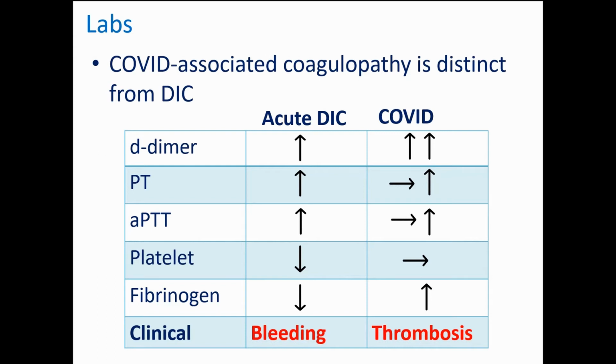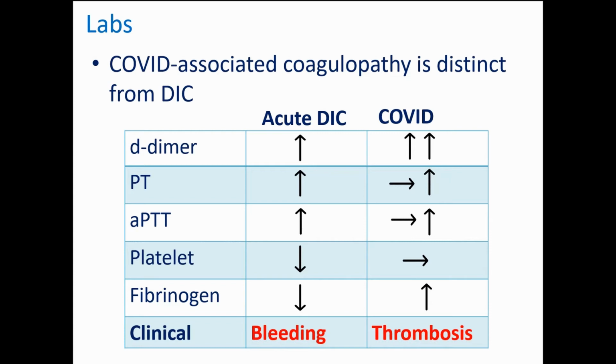This was the slide I was talking about. Keep in mind, COVID does not have the classical characteristics of DIC. In classical DIC, or acute, yes, we see D-dimer elevated. In COVID, it is significantly elevated. And then some of the clotting markers, yeah, they are elevated. But we have seen in patients that they're elevated, but also they may not be elevated, okay?